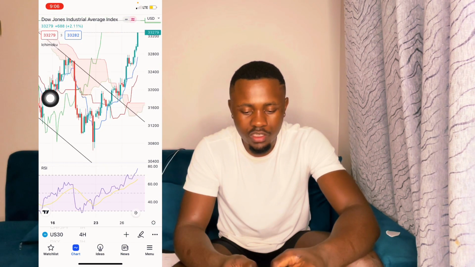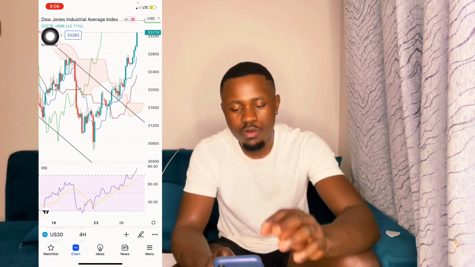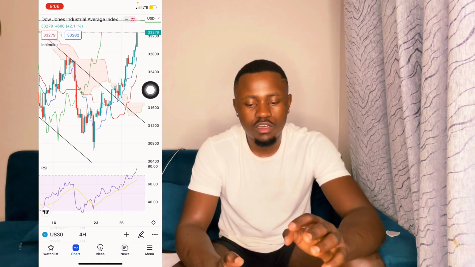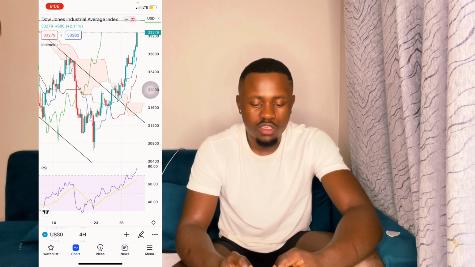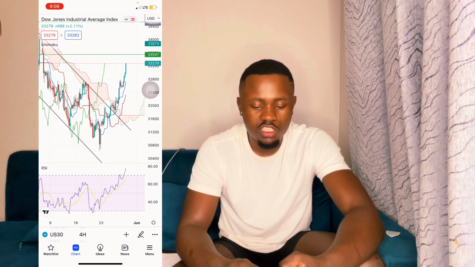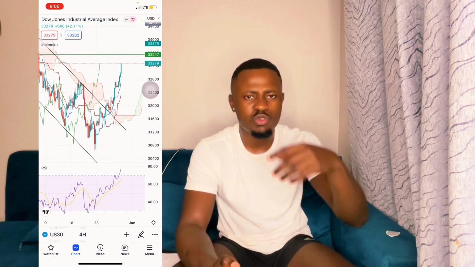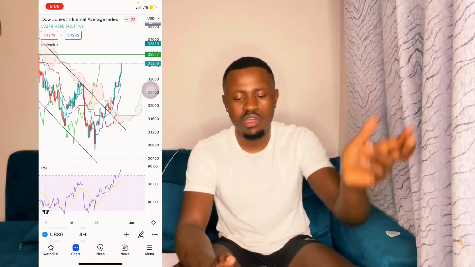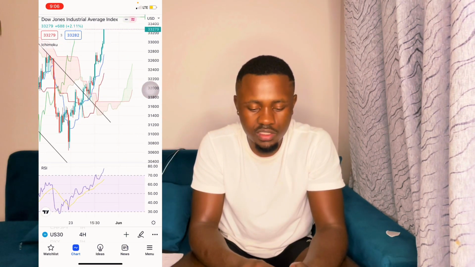I told you when this green line is trending far away from the market, it means a strong uptrend. Most of you guys that trade US 30, right now the US 30 has been in a downtrend for some time. So we may see 100 pips, 200 pips to the upside, even 500 pips to the upper side. This is a really valid trade, and this trend has just started.